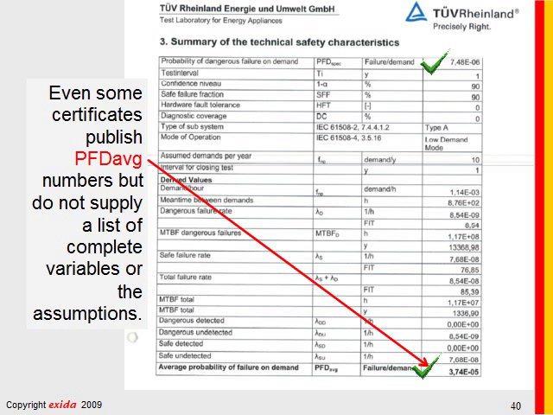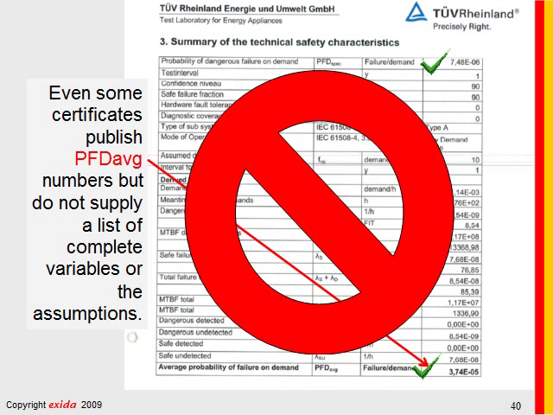They're using a simple equation that used nothing but dangerous undetected failure rates, which they call the dangerous failure rate, and the test interval. All the other variables were completely ignored, and this is exactly the kind of thing that can mislead an unknowing engineer to design a bad safety function. You need to be very careful of this sort of thing.